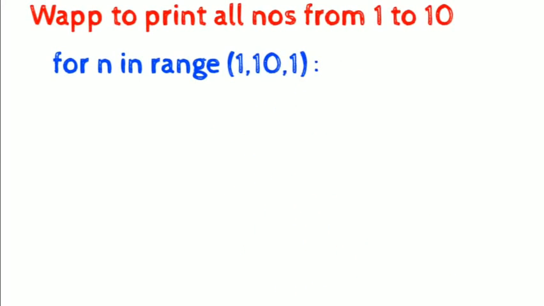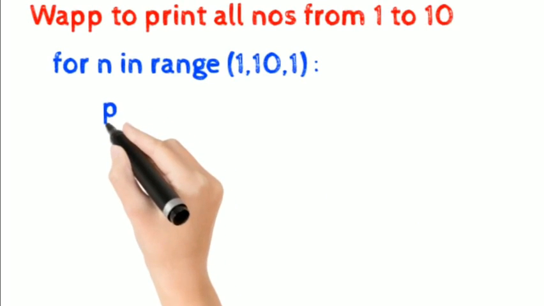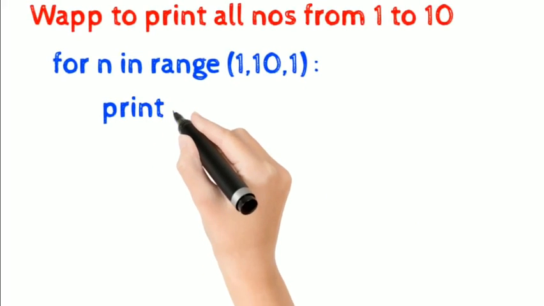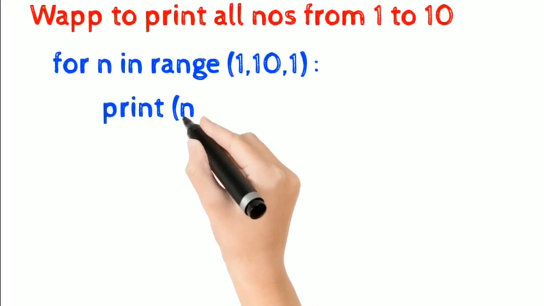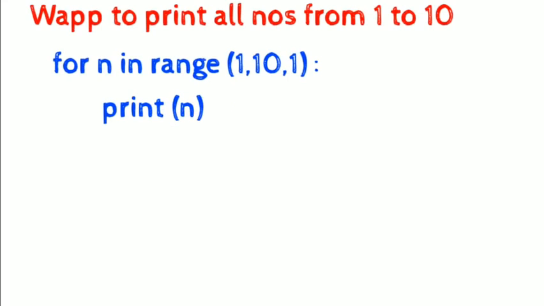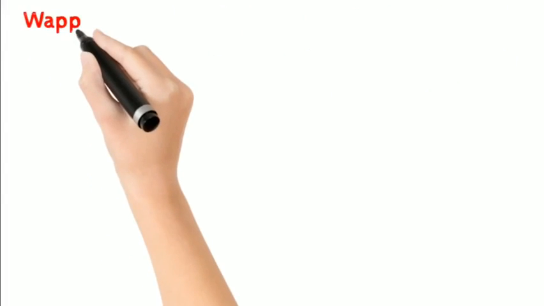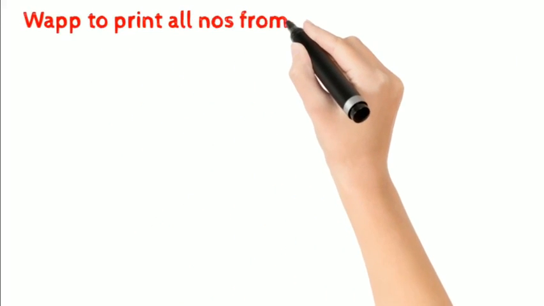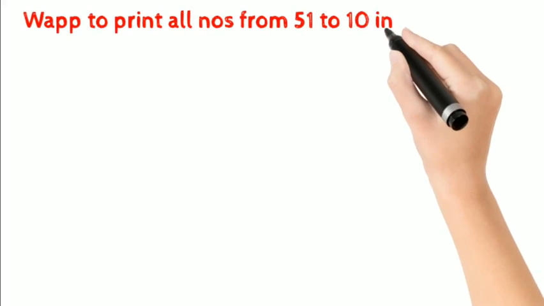Here the syntax is: we have to start with the keyword for, then the variable name, then the keyword in, then the range function. In between the range function we give the parameters: from where we are starting, that is 1, and we are ending with 10, and step value is 1. Thereafter, giving a tab, we have to print the value. So it will print 1 to 10, all the numbers, by giving the step of 1.